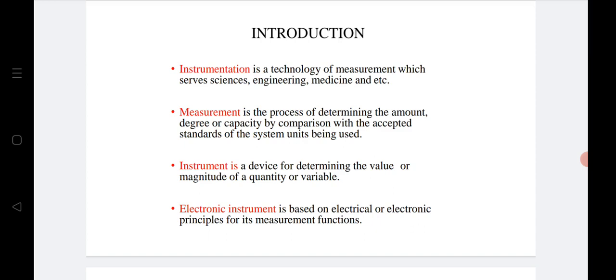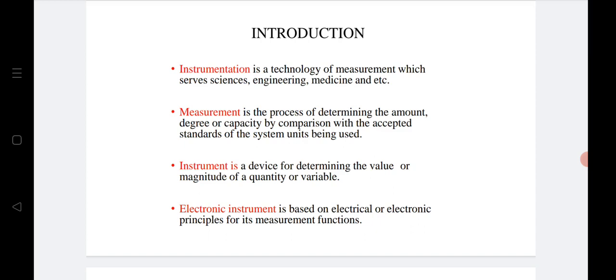Whatever the quantity you have, what is the amount, what is the degree, or what is the capacity it is going to hold, that you are going to determine. This will be determined by comparison with your standard system units. You are going to compare against standard system units and determine the amount of measurement.